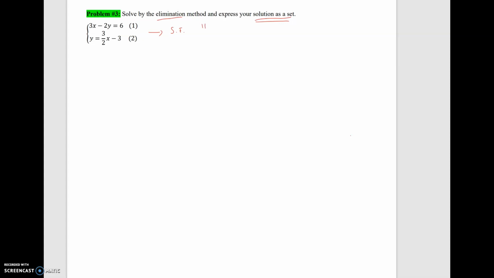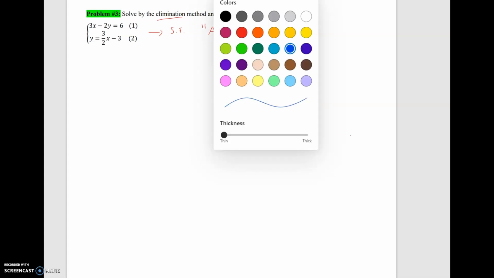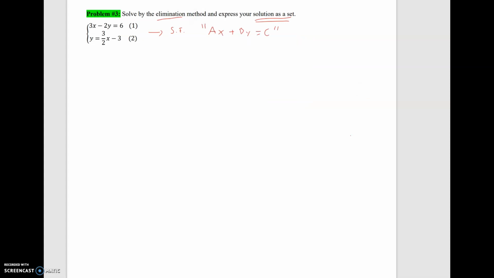In this case, they want us to express it as ax plus by is equal to c. Notice that equation 2 is not in this form, so let's work with equation 2. To get rid of the fraction, let's multiply by 2.